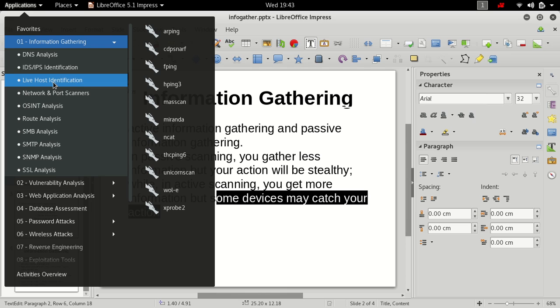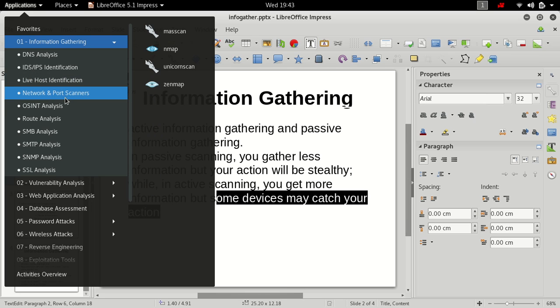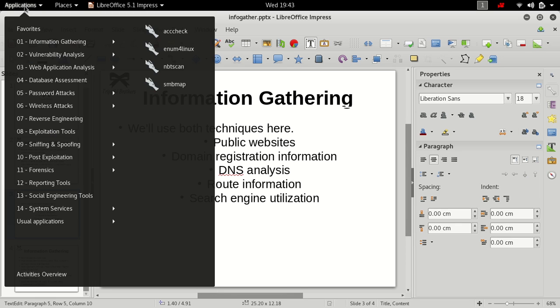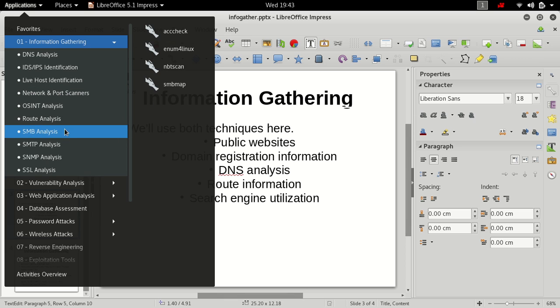We will also see live host identification and network port scanners. Port scanning is also very important. We will discuss it in our next lectures. And route analysis, what I told you as route information. Then SMB analysis, SMTP, simple mail transfer protocol, SSL analysis, and SNMP analysis.